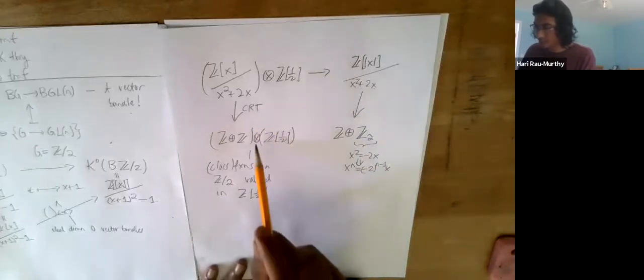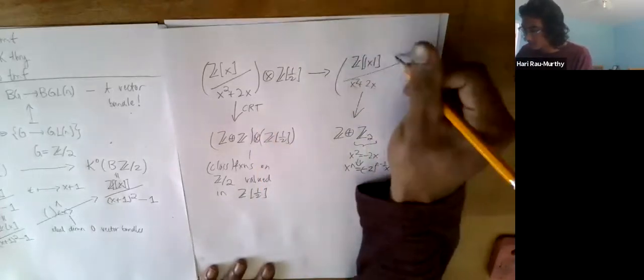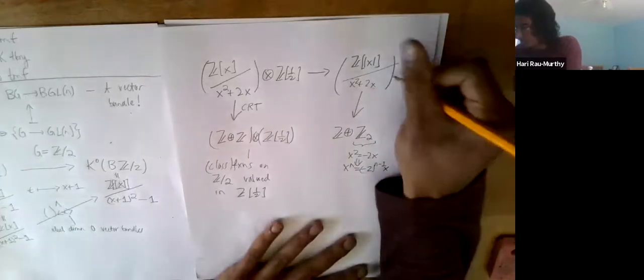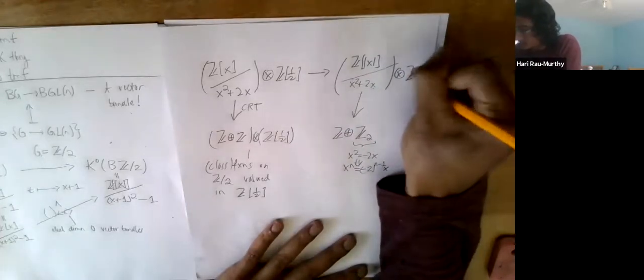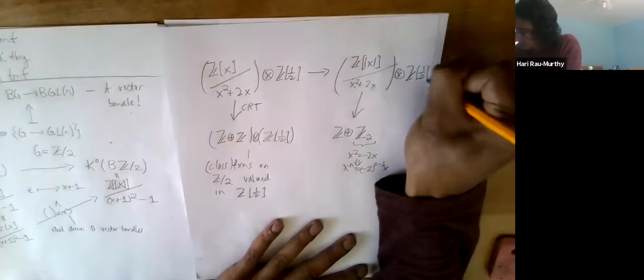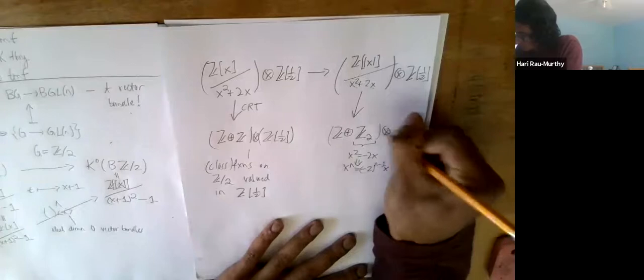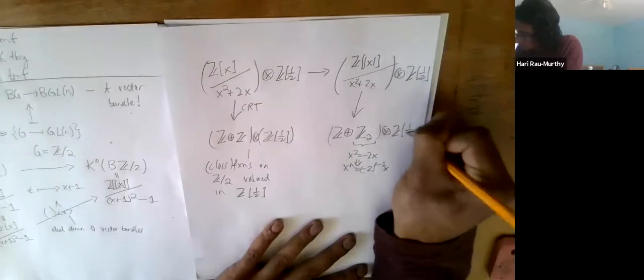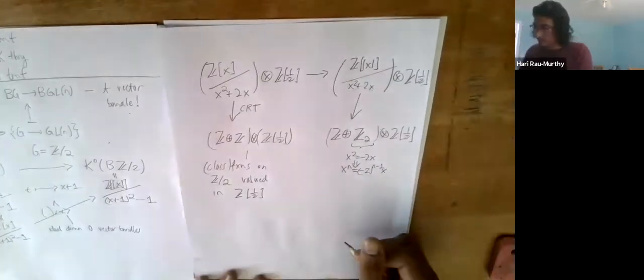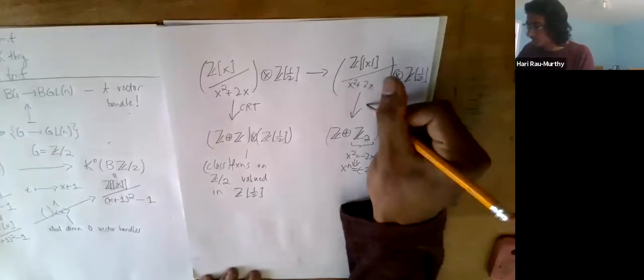And just as over here, in order to make this an isomorphism, I need to tensor with Z[1/2]. This is then an isomorphism.